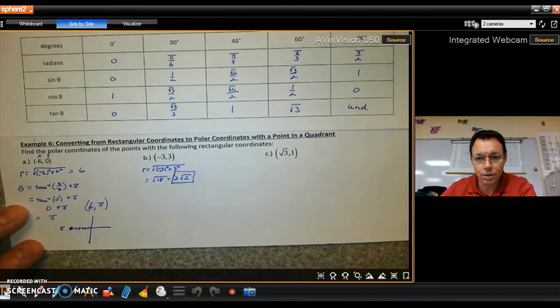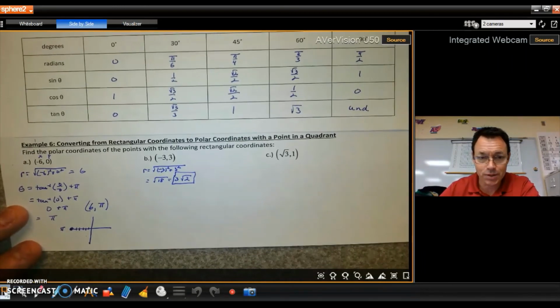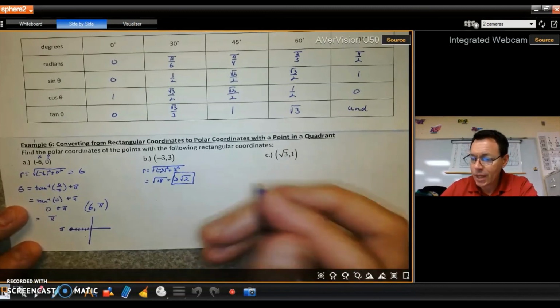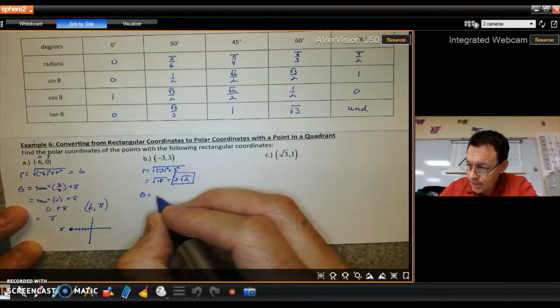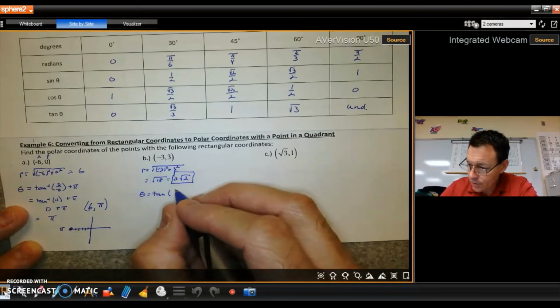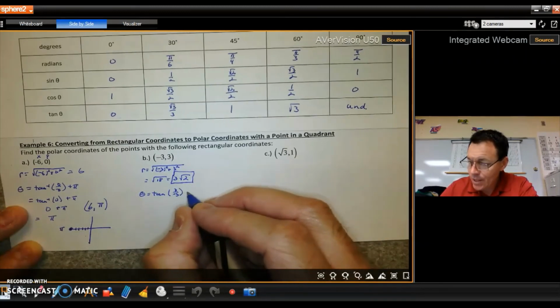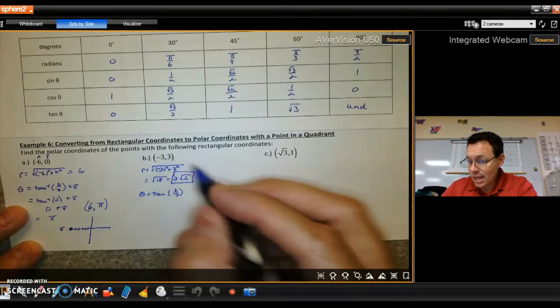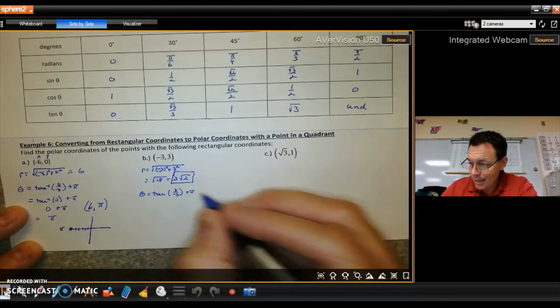No calculators. Don't touch a calculator. Next class, you're going to be able to use your calculator on some things, but not for this. Theta is going to be the inverse tangent of y over x, so 3 over negative 3. And again, since my x is negative, I'm going to add pi to that.